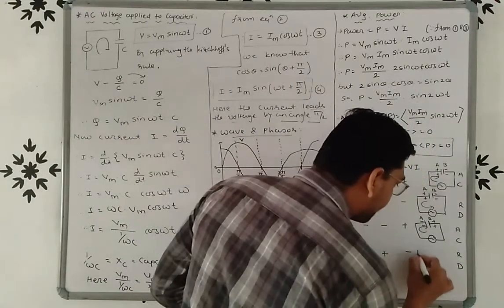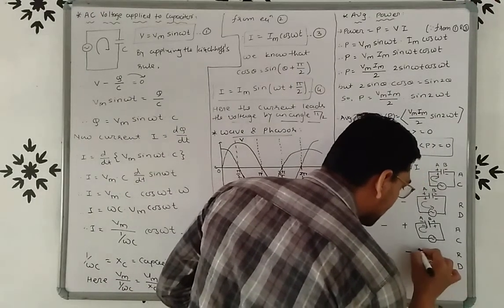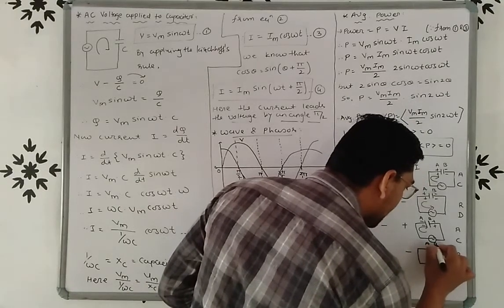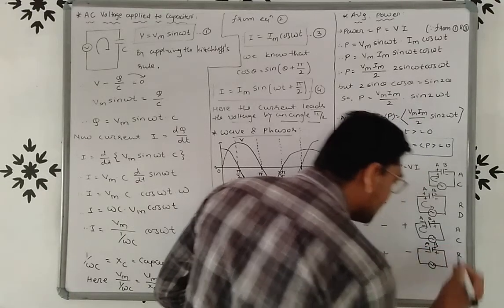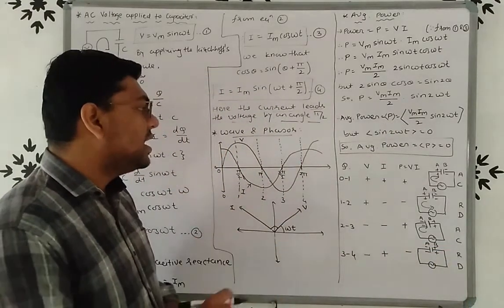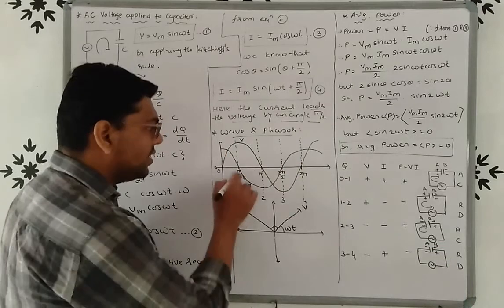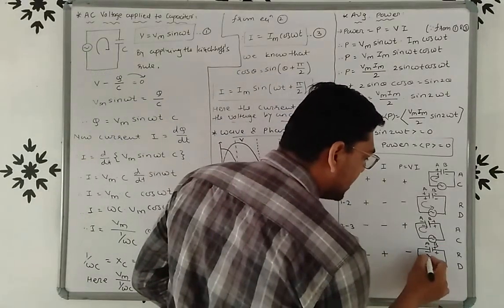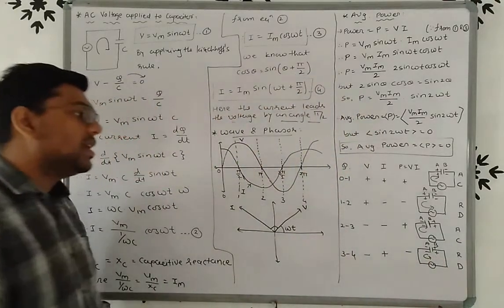Here plate A is negative and plate B is positive, and you can see the direction of current changes, right? The direction of current changes like this, in the opposite direction.